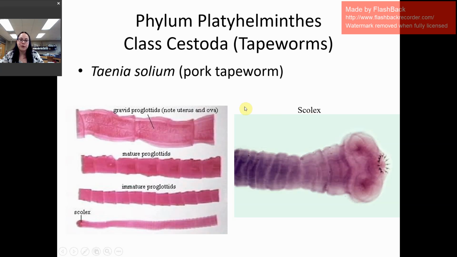So here the picture represents the one from a pork, but you can have those infecting your cats, your dogs, or your farm animals. Those are very common worms to get. And we can also be infected by those if we eat an animal that has it in their muscles and we don't cook the meat enough. That's a common way to get affected.